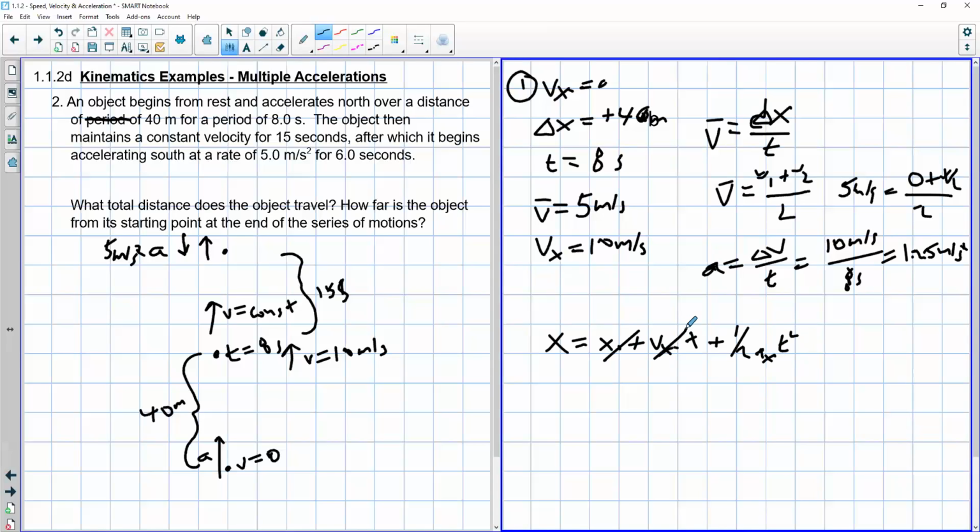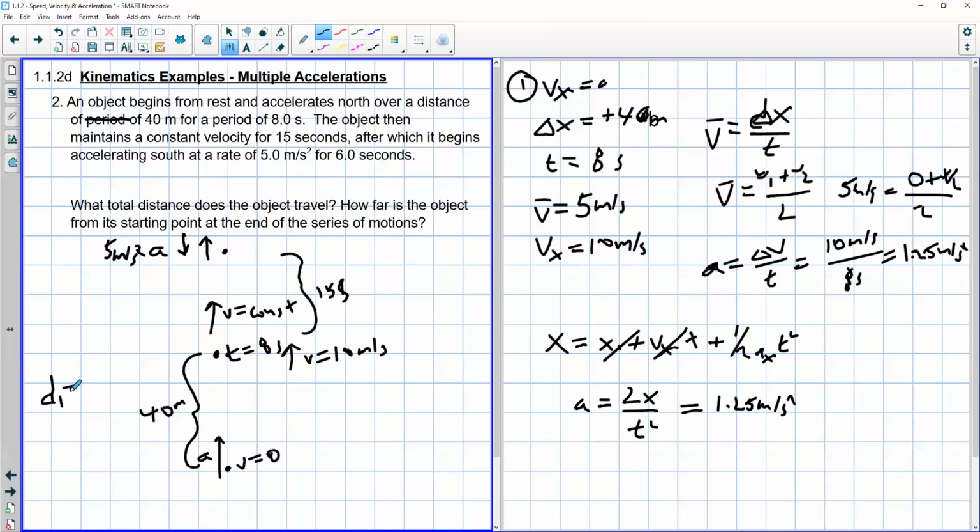These terms would be 0, and we would have said acceleration equals 2x over t squared. This would have gotten you 1.25 meters per second squared, which you could have then used to calculate that the final speed was 10 meters per second.